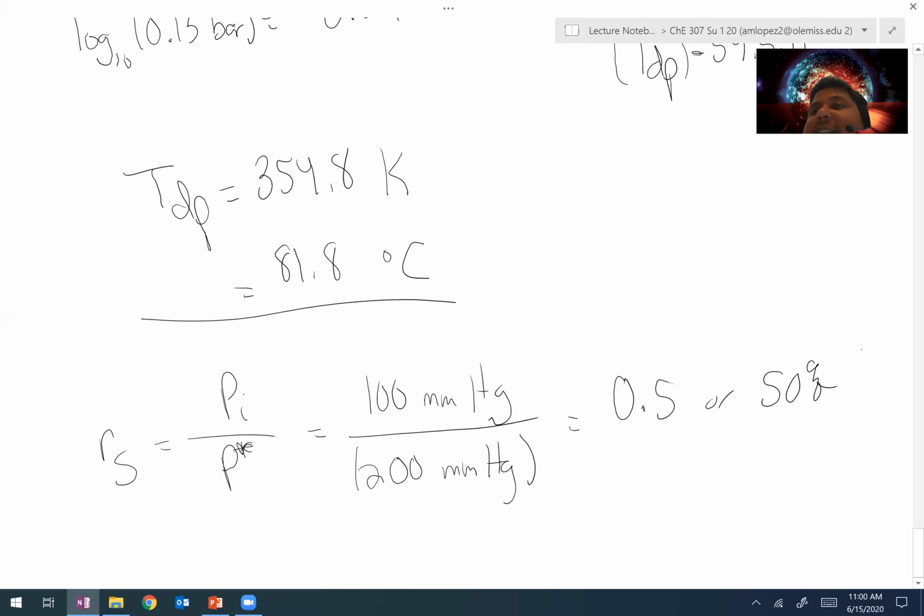So the relative saturation was 0.5 or 50% relative humidity.